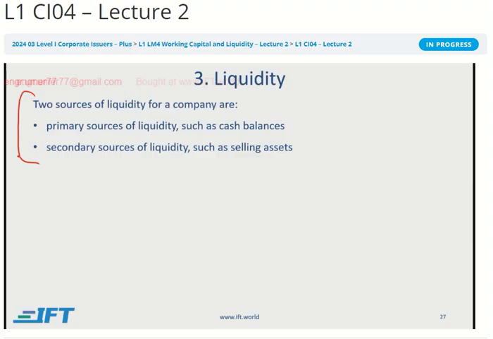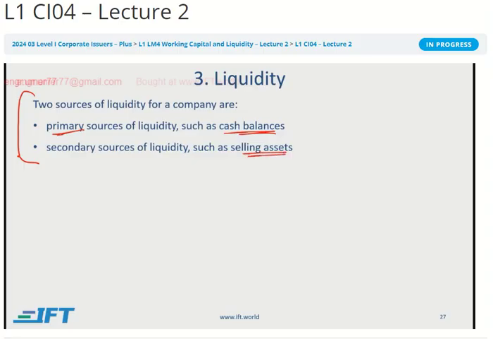Now, at the beginning of this learning module, I had talked about good sources of liquidity and bad sources of liquidity when I was going through the contents with you, where we said primary sources of liquidity and secondary sources of liquidity. So primary sources of liquidity is the cash that you have, the marketable securities that you have. But secondary sources of liquidity would be selling your assets.